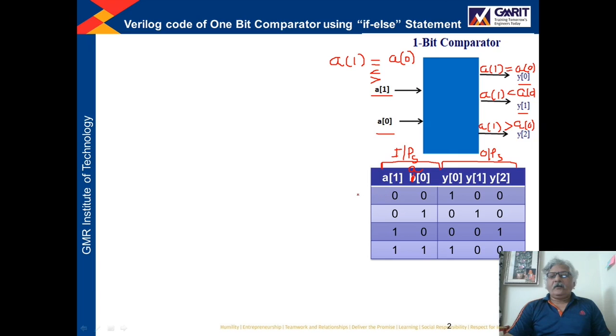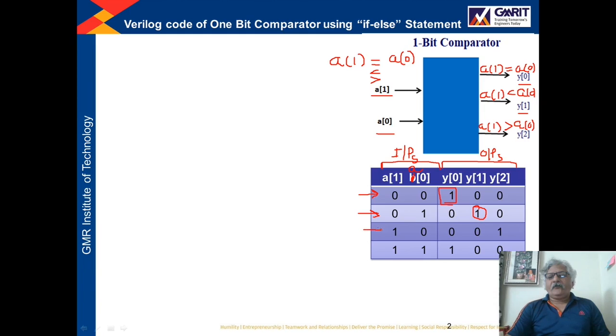In the first row, if A1 is 0 and A0 is 0, then Y0 is 1 and the remaining two outputs are 0. In the second condition, if A1 is 0 and A0 is 1, meaning A1 is less than A0, in that case Y1 will be high and Y0 and Y2 will be 0.